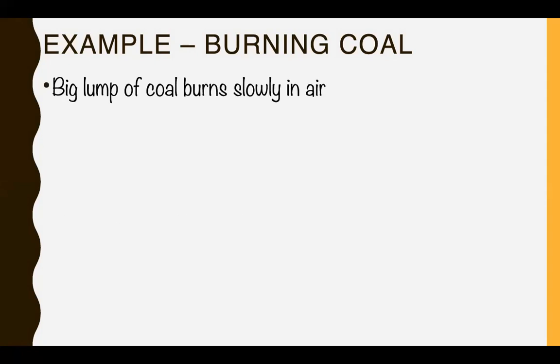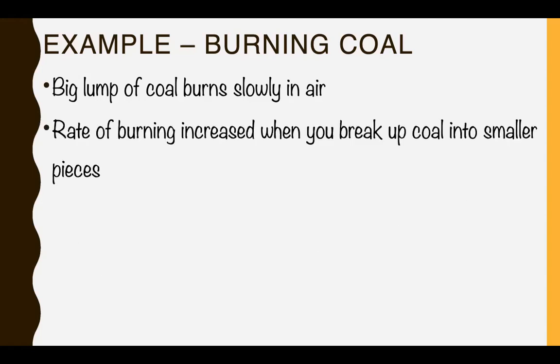But if we use lumps of coal like we do on a barbecue, we know that big chunks of charcoal burn quite slowly. But the rate of burning is going to increase if you break up that coal into smaller pieces. So sometimes, depending on what you want to cook and how fast you want to cook it, you could use fairly large charcoal bricks, or you can use charcoal chips.